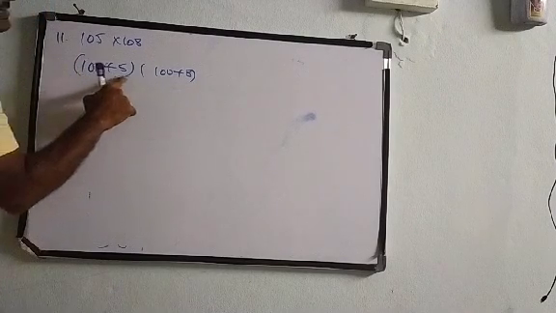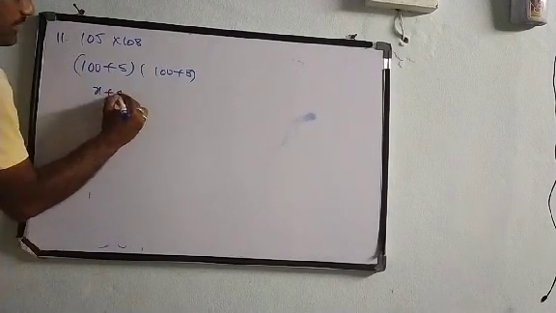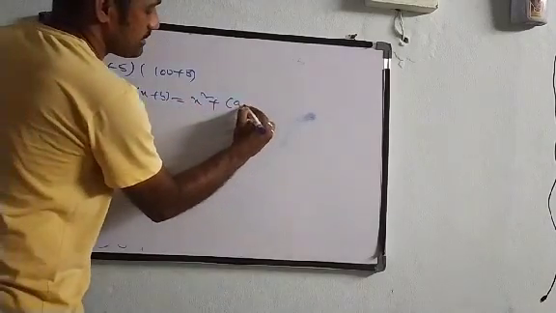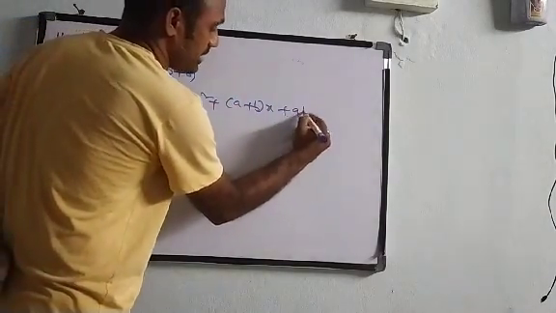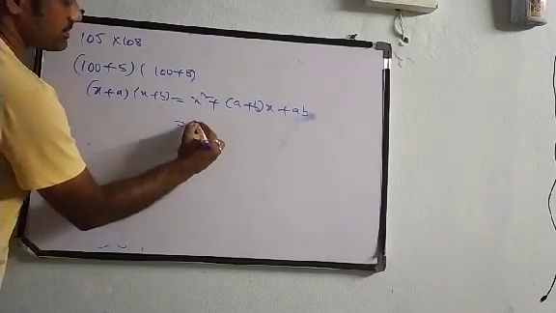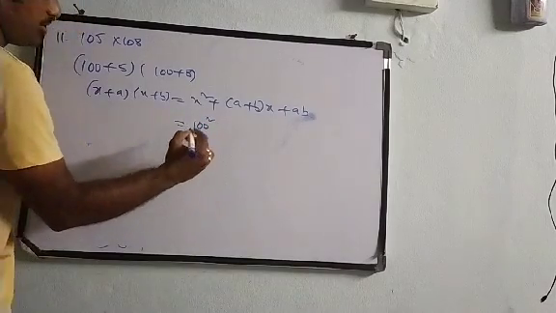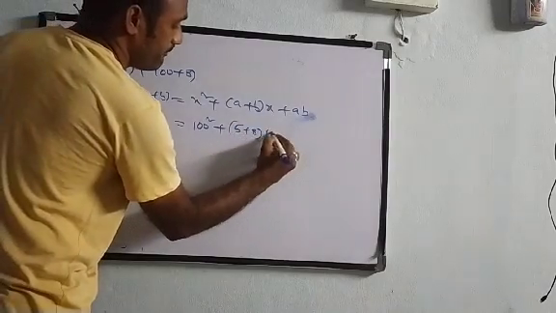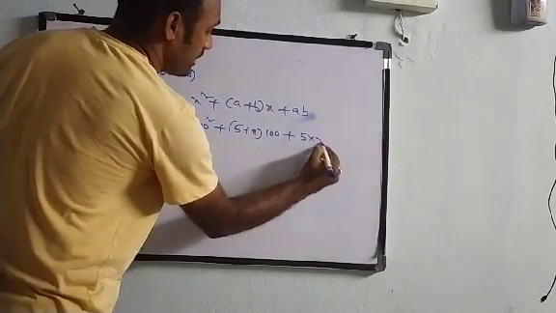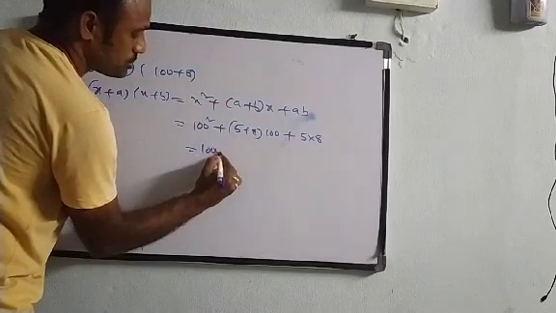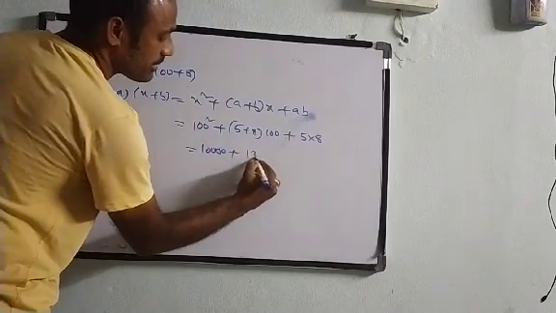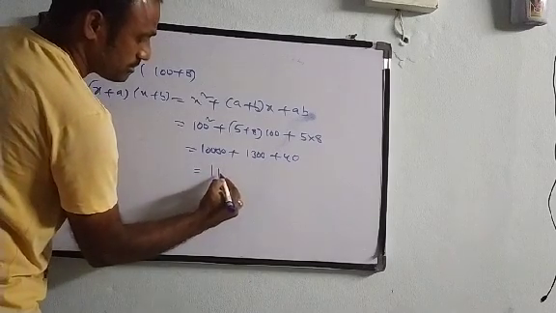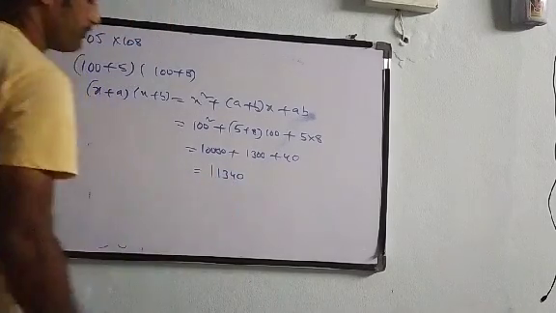So it looks like x plus a into x plus b. x plus a into x plus b can be written as x square plus a plus b into x plus ab. So that is 100 square plus 5 plus 8 into 100 plus 5 into 8. So 4 zeros here, 1300 plus 40, which is 11340.